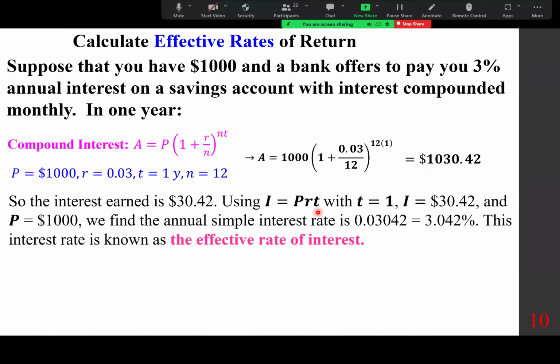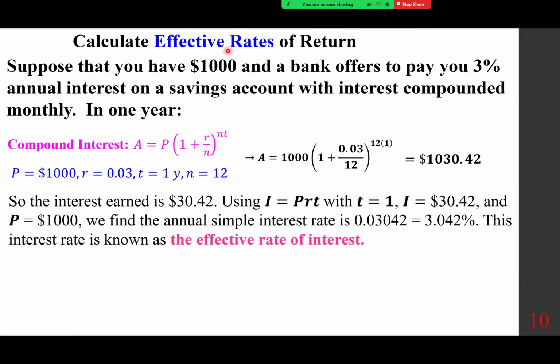Using I equals PRT with T equals 1, I equals 30.42, and P equals 1,000, we find the annual simple interest rate is 0.03042 or 3.042%. This interest rate is known as the effective rate of interest. In other words, whatever they give you, however they compound it, the effective rate says, what if it doesn't get compounded?